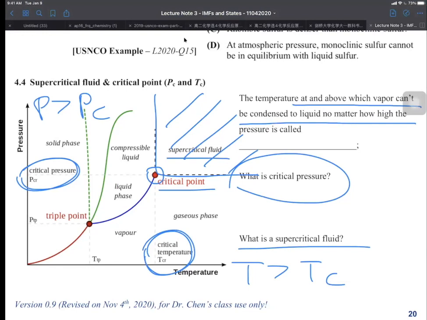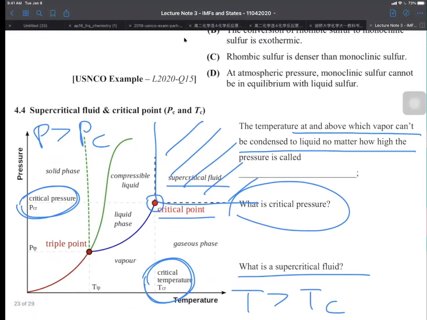Increasing the pressure to condense the vapor is to overcome the basic IMF, right? The fundamental IMF. So guys, I will leave this question for you to think about, okay?